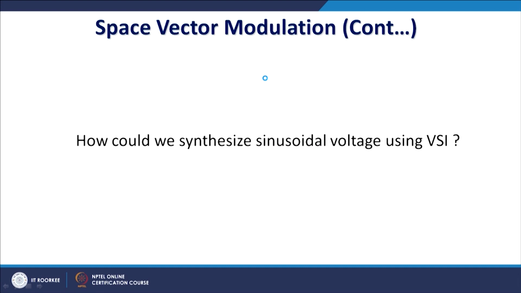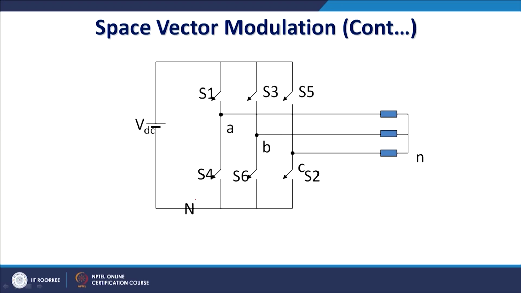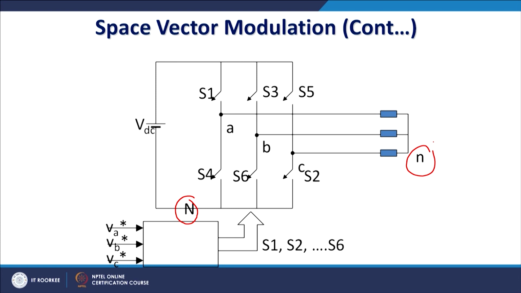So, how can we generate these signals with the help of a voltage source inverter, and how can we calculate the values? Let us consider a simple 3-phase 2-level voltage source inverter, where this point is the negative of the DC supply, this is capital N, and this is the neutral point of the star. In most cases you will have a common mode voltage.